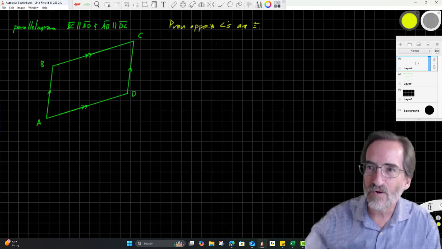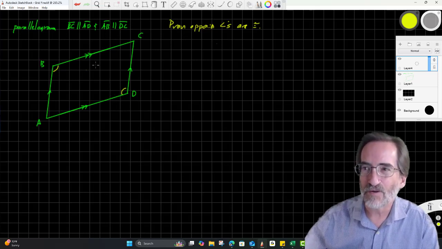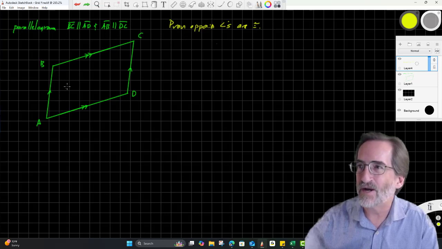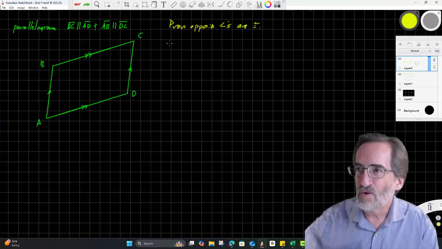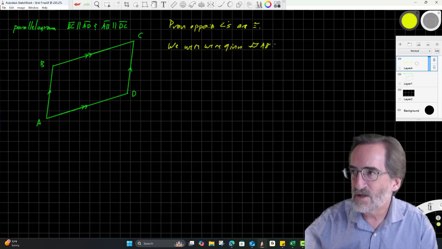So we're going to prove that angle B is congruent to angle D. And I can do it very similarly to prove angle C is congruent to angle A. It all just depends on how I draw my diagonal. So we were given, always start with what do we know? We were given parallelogram ABCD.